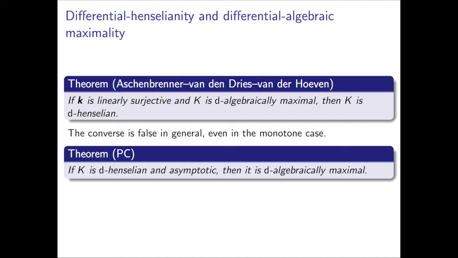But in the asymptotic setting, where you have a different interaction, this L'Hopital rule, you do get that d-Henselian implies d-algebraically maximal. Yeah, and the counterexample, by the way, is constructed from Hahn fields, so it's also not too pathological. The counterexample to the monotone case, yeah.